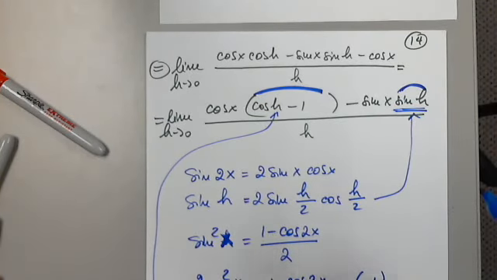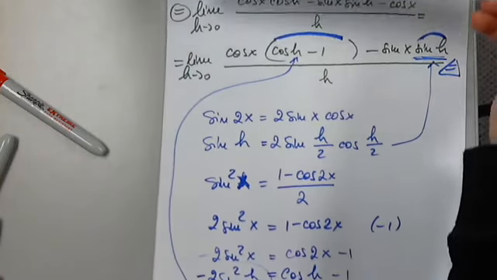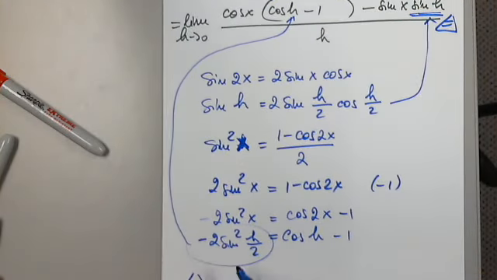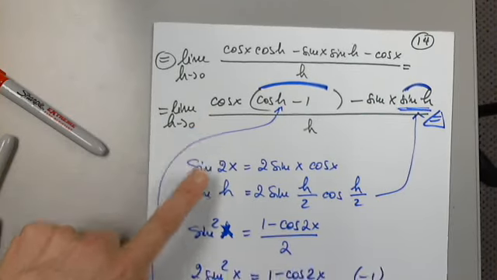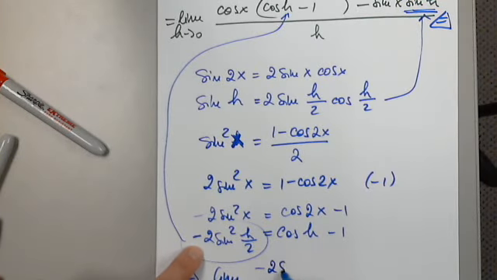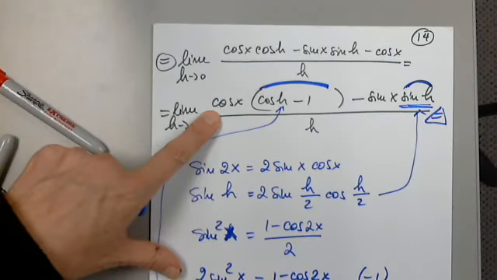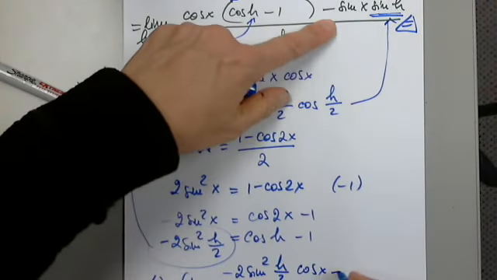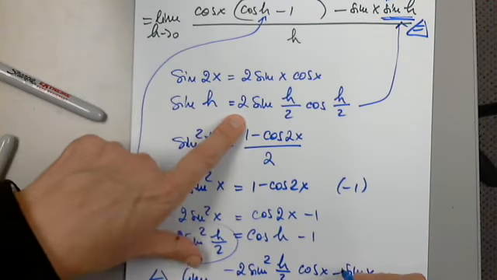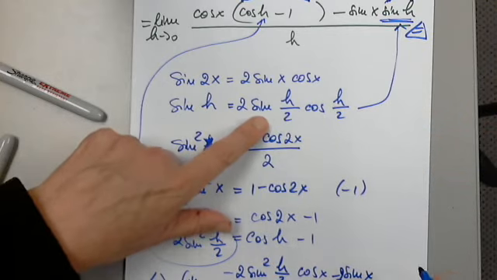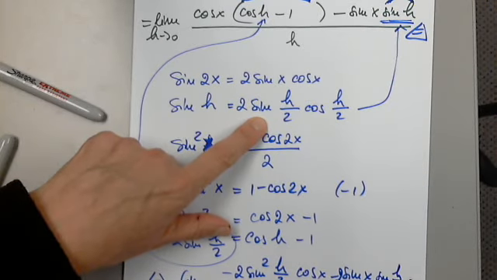So now the limit is limit as h approaches 0 from, I replace this by this and I multiply by cosine x. So it's -2 sine squared h over 2 times cosine x minus sine x times this. So I put 2 in front, sine x, sine h over 2.